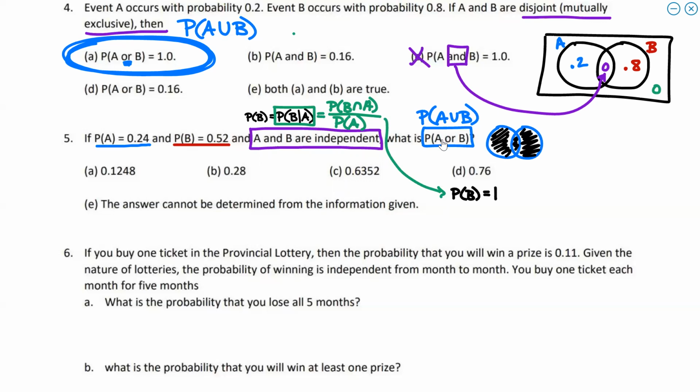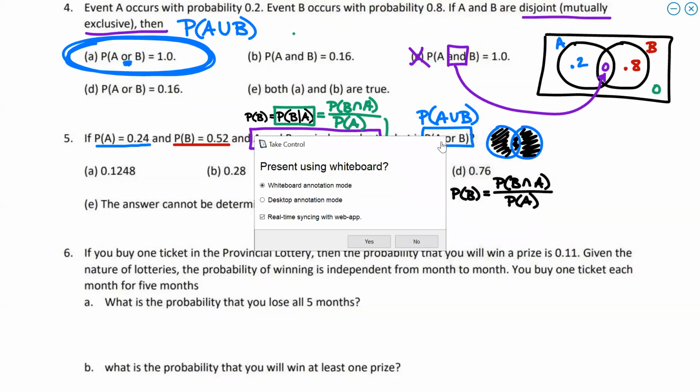So this is probability of B and A over the probability of A. Which pieces of this do I know?